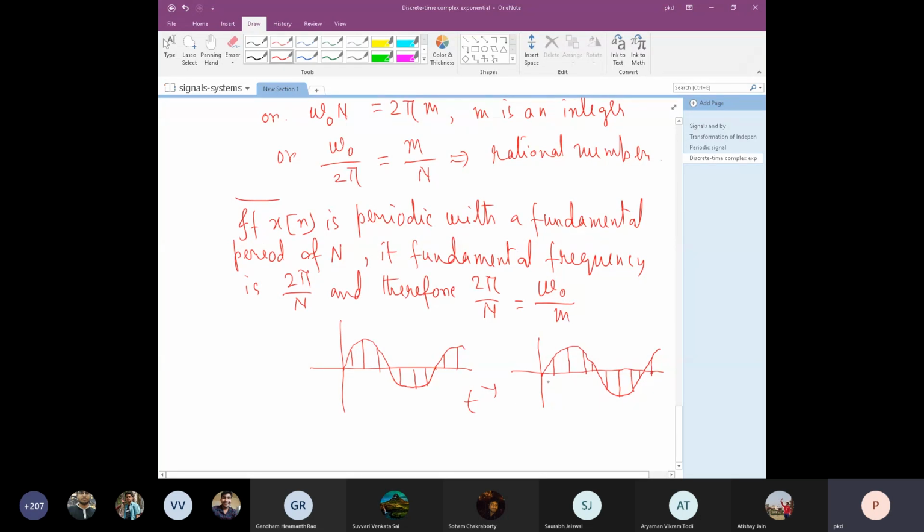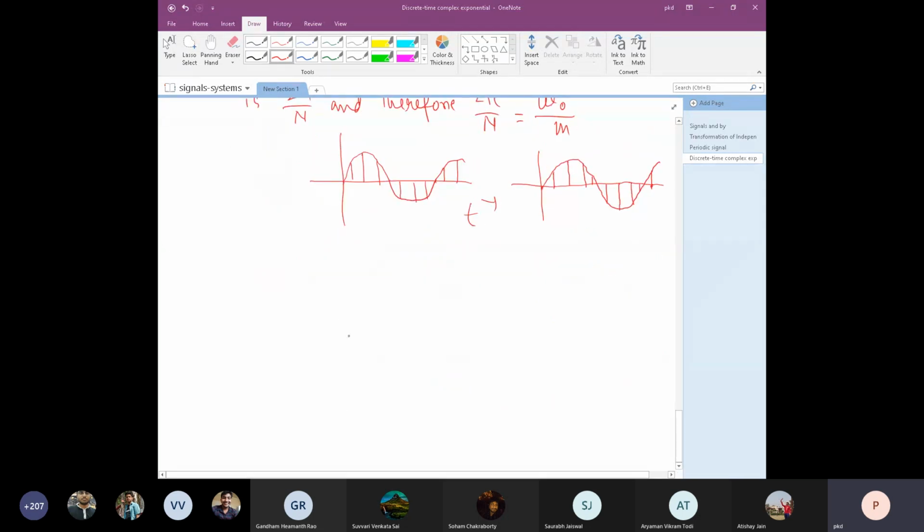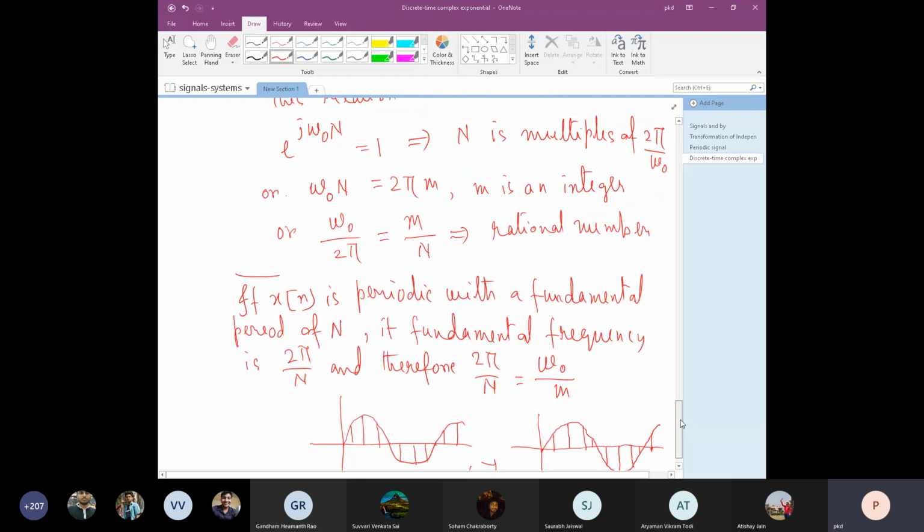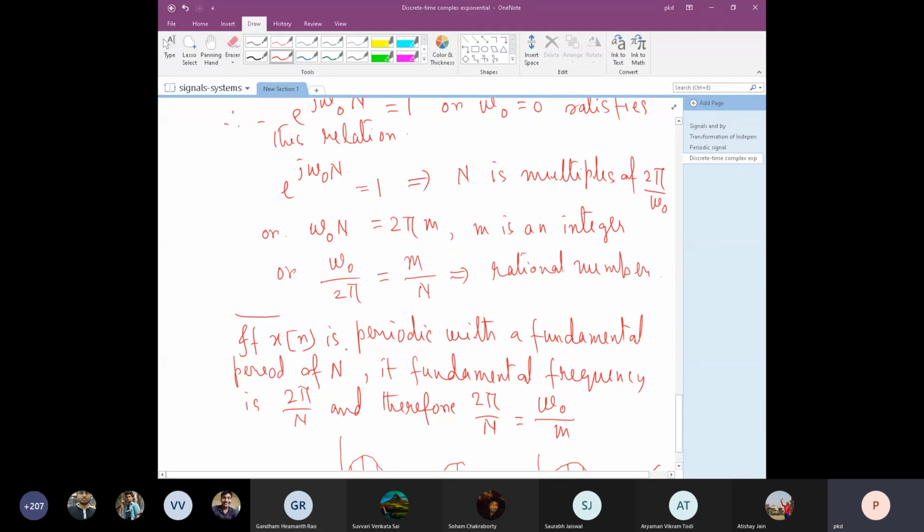Because this point and this point may not be at the multiple of this omega crossing, it may not be periodic. It will be periodic after a certain interval, but it depends on whether we satisfy this relation, that the discrete sequence xn has a period of capital N. That means after capital N samples it will repeat itself. That needs to be satisfied in the discrete domain.